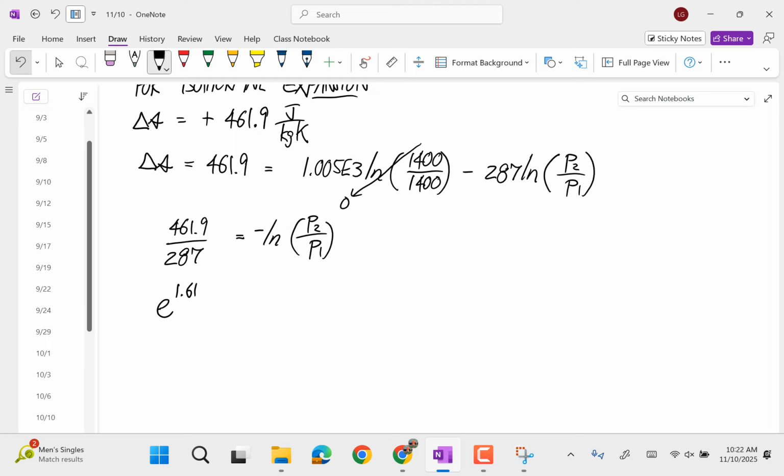I should not have, so I put it back in now. I'll multiply both sides by -1 first, and then this is P2 over P1. So we got that ratio of P2 over P1.